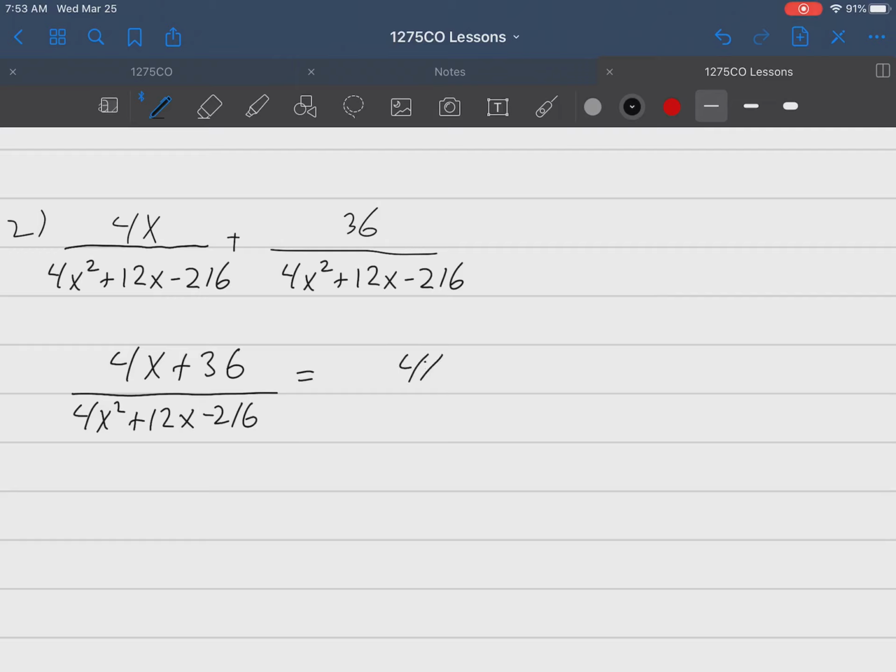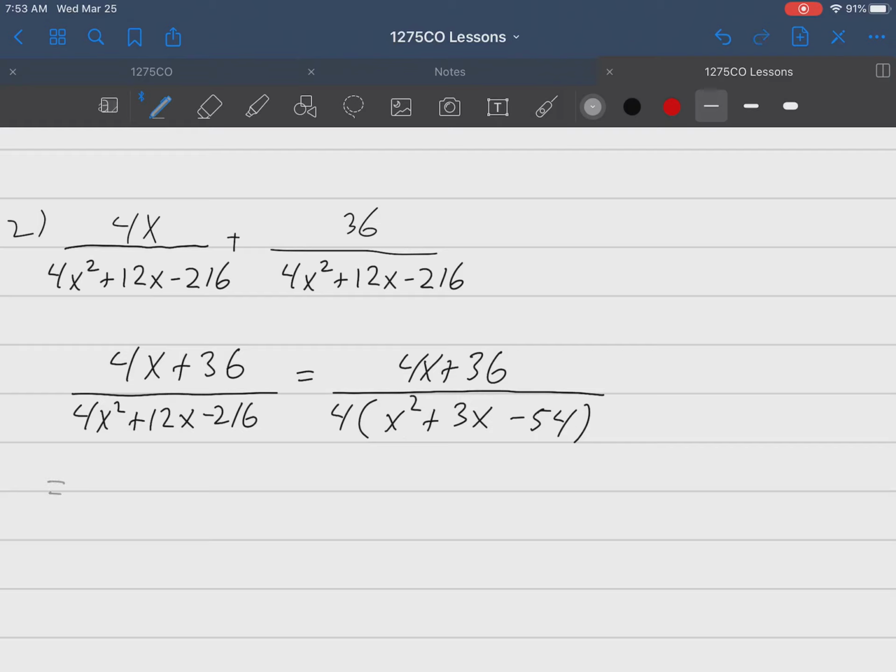Now 4x plus 36 is just 4x plus 36, right? This does not add together because they are not like terms. The denominator will factor using a greatest common factor.